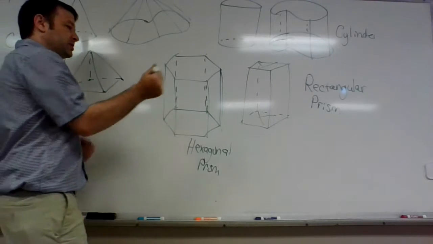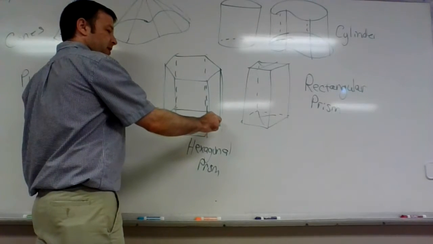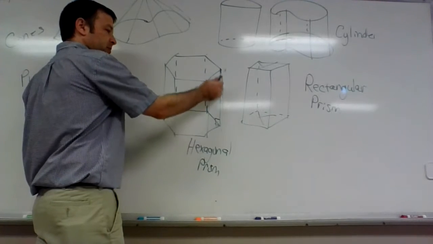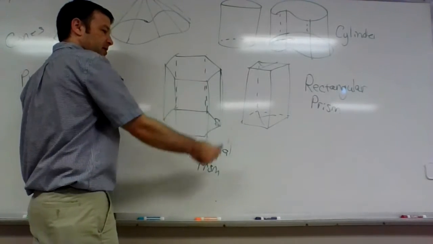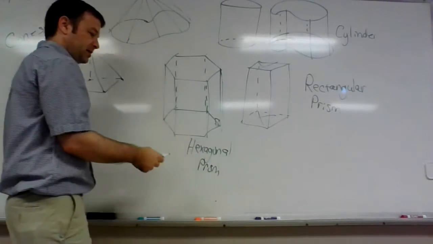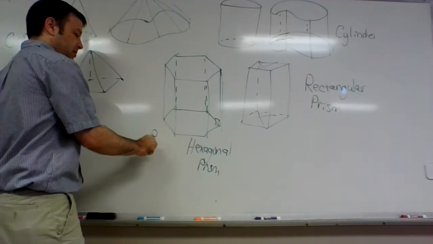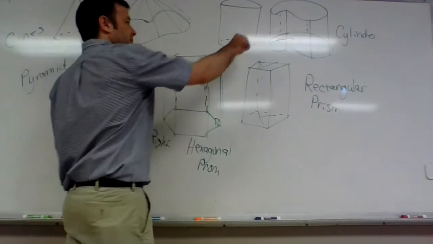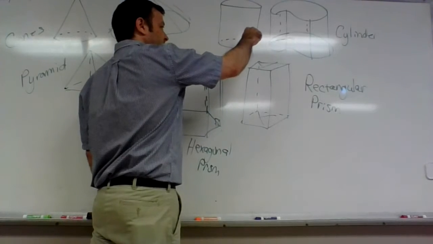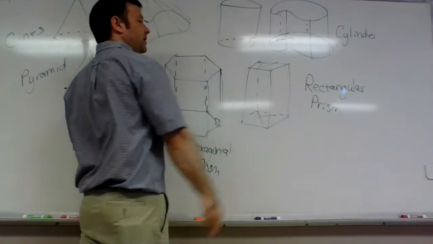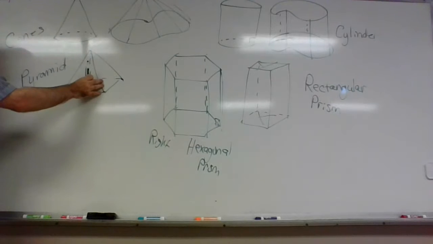So if the prism's going straight up at a 90-degree angle with the ground, like this side is, it's called a right prism. These are right cylinders too. It's going straight up like that. Now these don't go straight up, right?